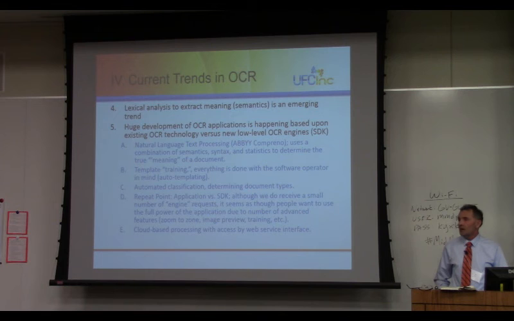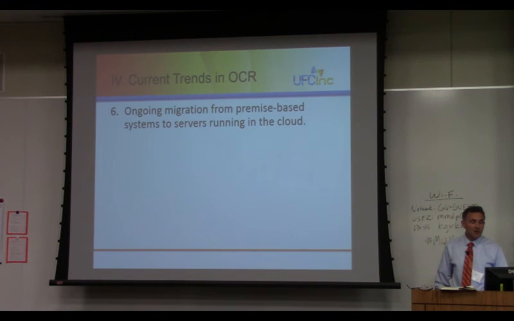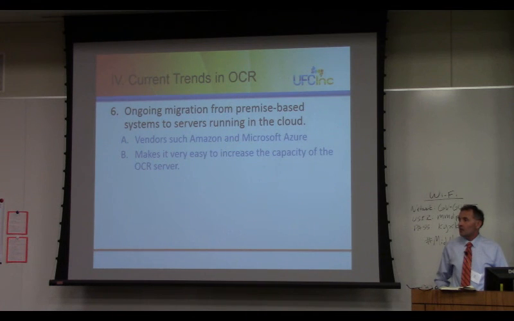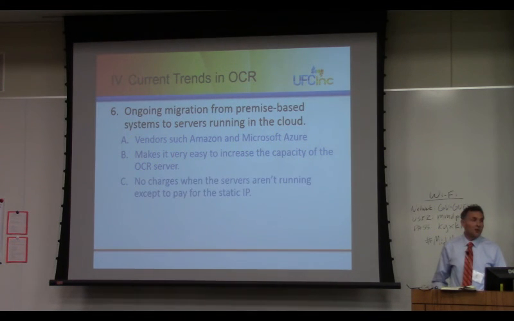A trend to go to the cloud, to put applications in the cloud, or on virtual servers within the universities and colleges. Amazon is definitely in the forefront for this. Migration from premise-based to the cloud, I mentioned. Great thing, because when I'm in a virtual environment and I have 2 cores on my OCR and I want to go to 8, push the button, change it from 2 to 8. No charge when they're not running.